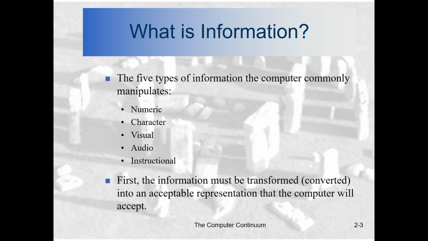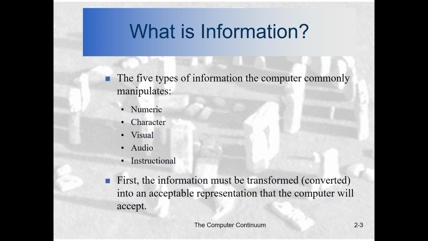Now, there is something you need to understand: when you go deep into the architecture of the computer, it doesn't understand character, visual, audio, or instructions. It only understands numbers, and only 0 and 1. That's it. From there, we convert those zeros and ones into many kinds of information, be it character, visual, audio, or instructional. So keep that in mind, okay?